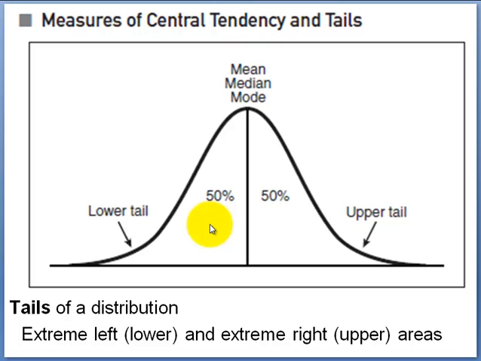You can see that 50% of cases in a normal distribution are below the mean, median, and mode, and 50% are above, and we'll talk a little bit more about that subsequently.